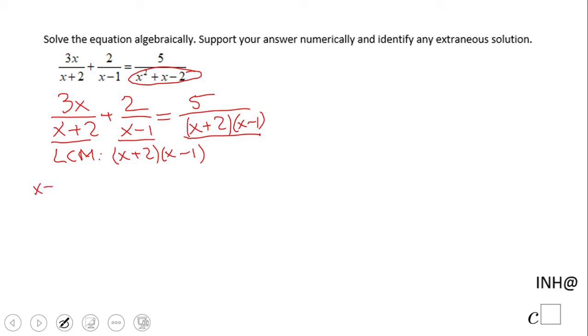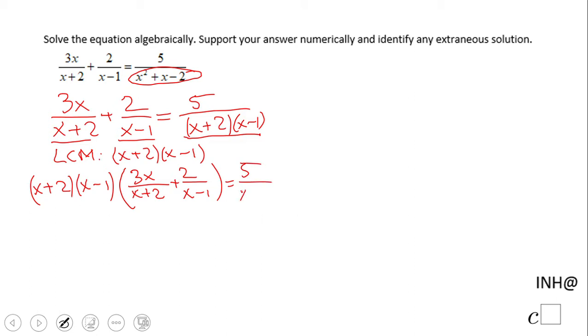Look here, x plus 2 times x minus 1 times 3x over x plus 2 plus 2 over x minus 1. Right, so we multiply the left side by this least common multiple, and obviously we're going to do the same thing for the right side. Okay, and let's see what we get now.